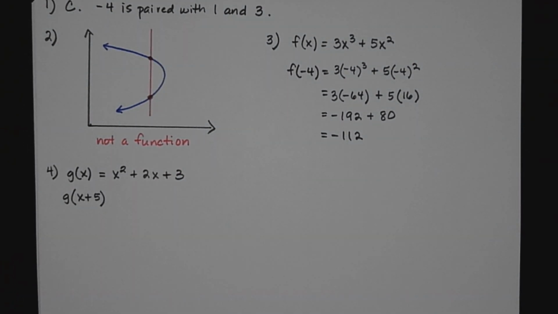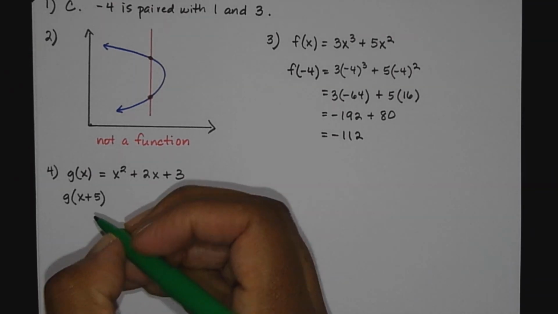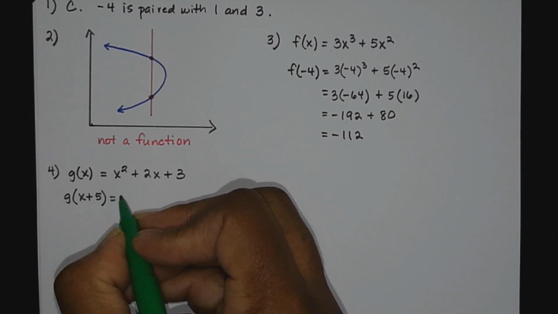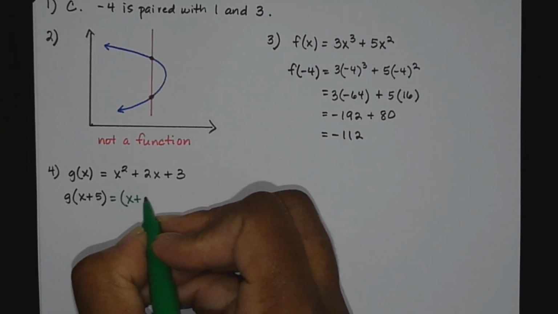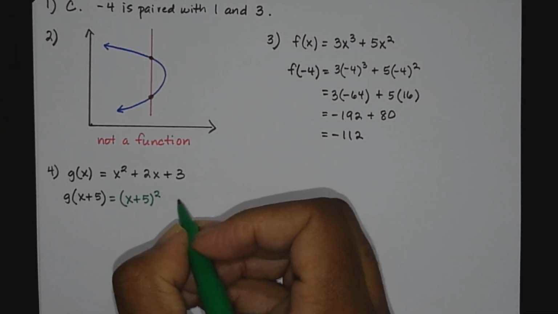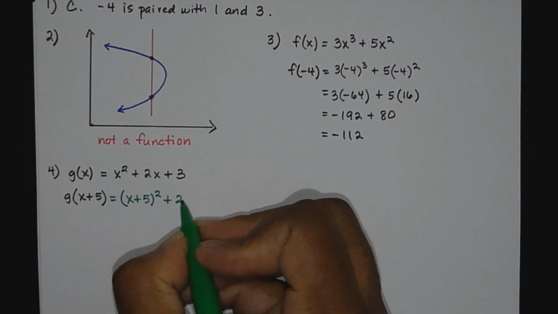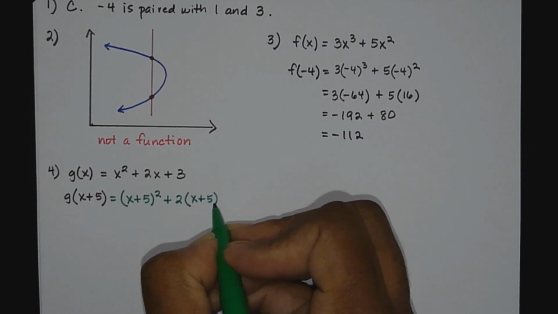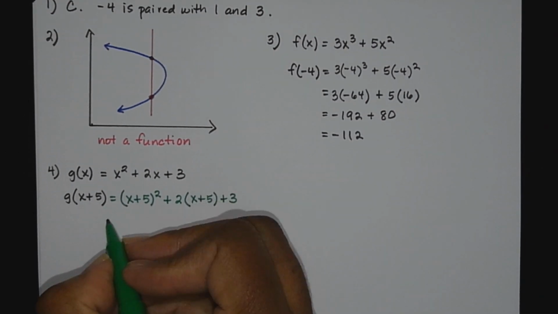Want to know what g of x plus 5 is going to be. In this case, for every x, we replace it with x plus 5. So x squared, that x will be x plus 5, and that's going to be squared, plus 2 times the x, which is replaced with x plus 5, and then plus 3.